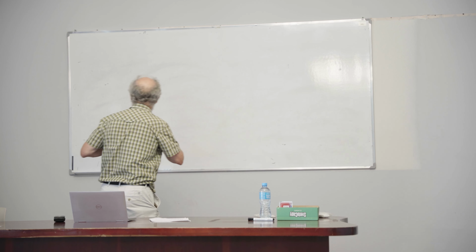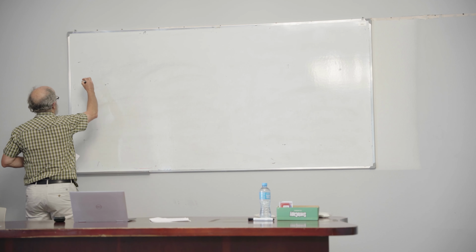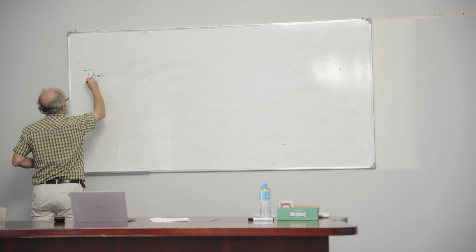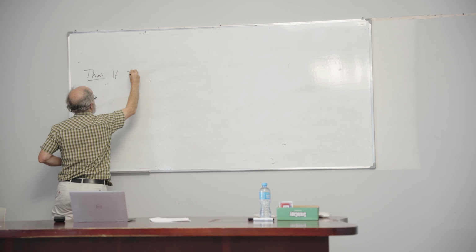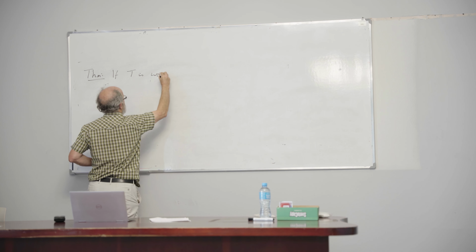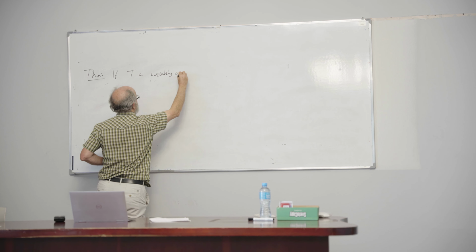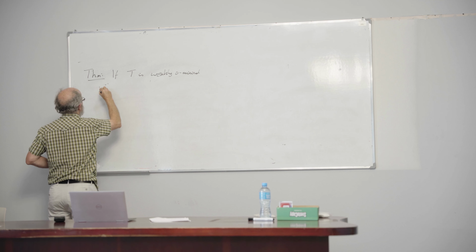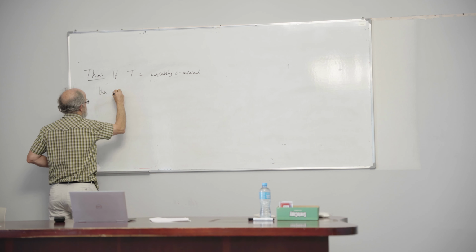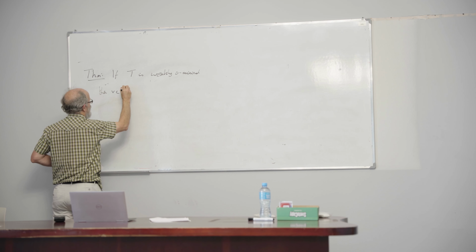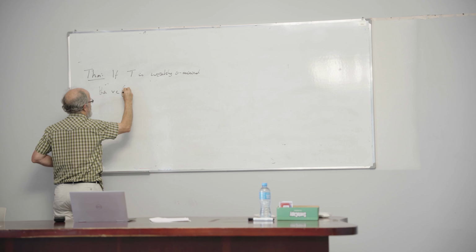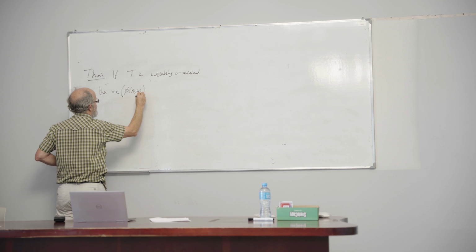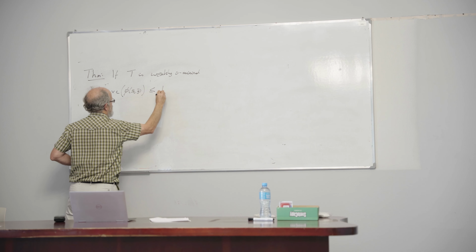I don't want to be too technical, but I want to say something about the method to prove the theorem that if, say, T is weakly minimal, then the Vapnik-Chervonenkis density of the formula phi(x bar, y bar) is at most the length of y bar.